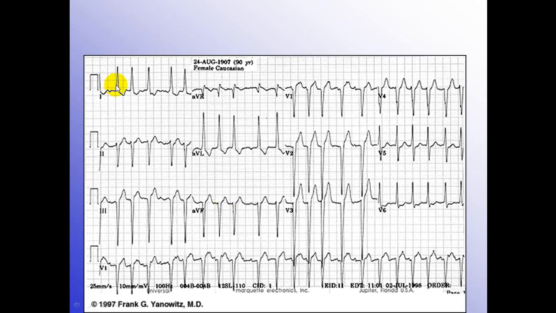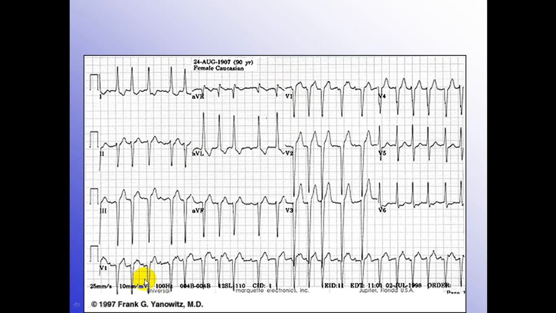If we look, the rate is about 170, it seems to be irregular, and the P wave, if you look here, is abnormal. Here the P wave is after the QRS complex, some P waves are inverted, and there are different types of P wave.